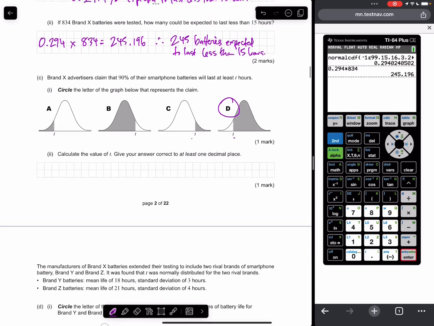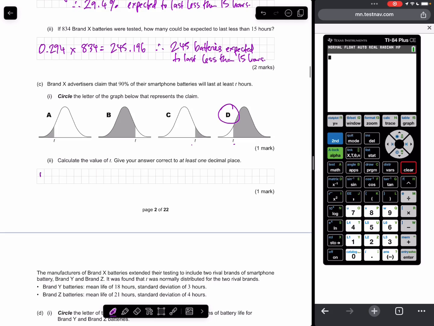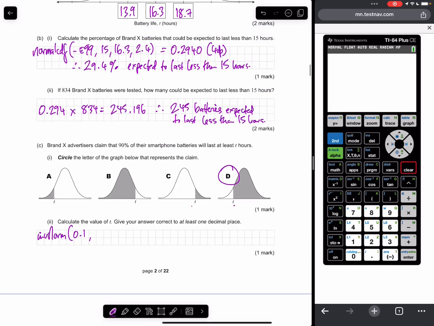Calculate the value of T, giving your answer correct to at least one decimal place. If you have an older calculator, you'll use inverse normal, not normal CDF, but your calculator doesn't allow you to adjust the direction of the tail, so you're going to go 0.1, 16.3 and 2.4.